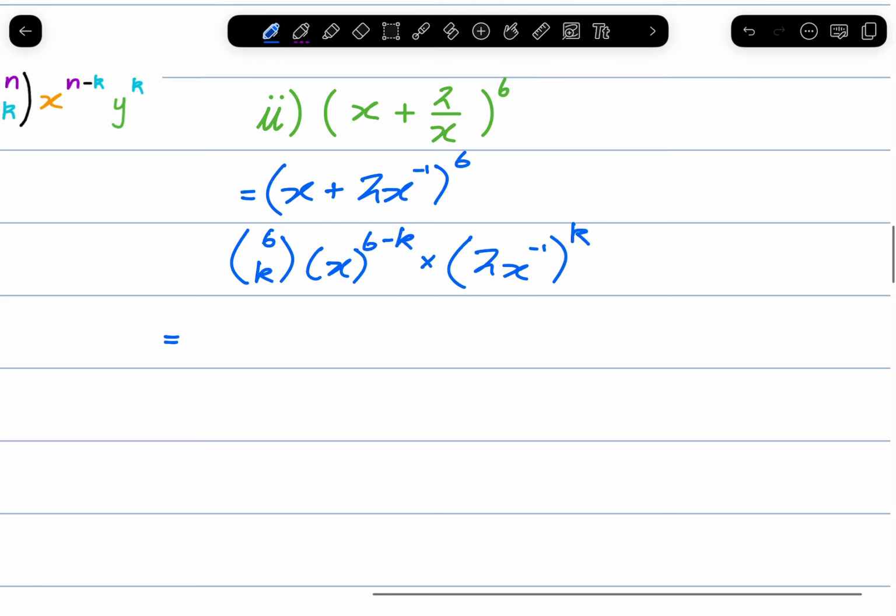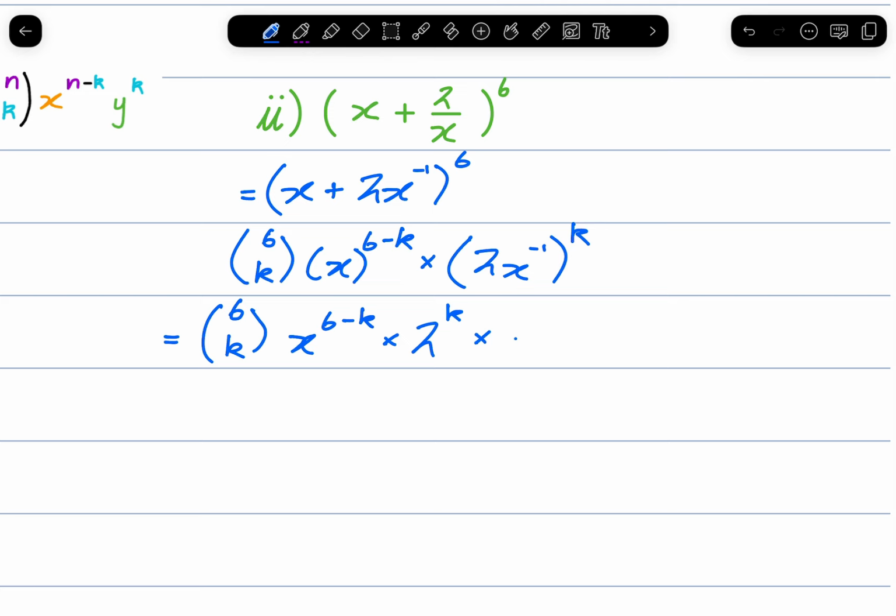Continuing from here, I'm going to expand this. So 6 choose k remains the same. This becomes x to the power of 6 minus k, times, now this one I'm going to write as 2 to the power of k times x to the power of negative k. Give you a moment to process what just happened here.